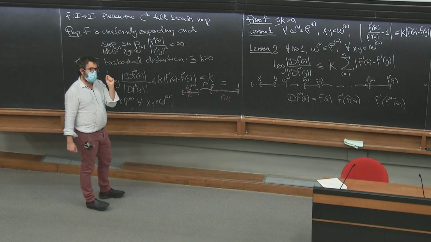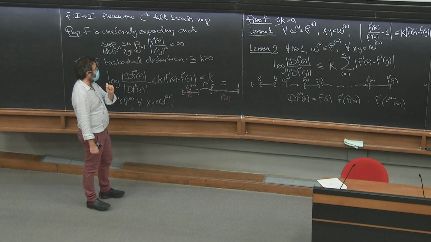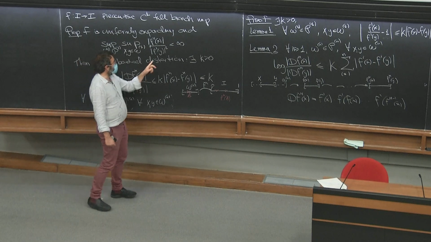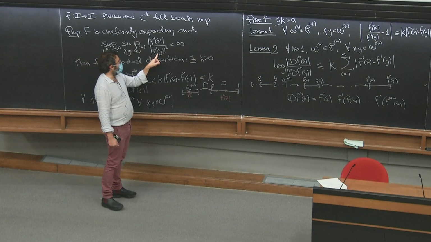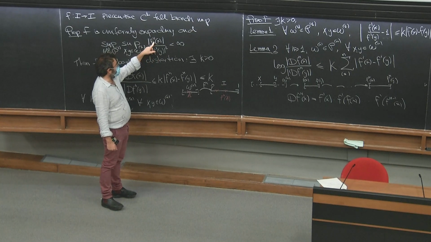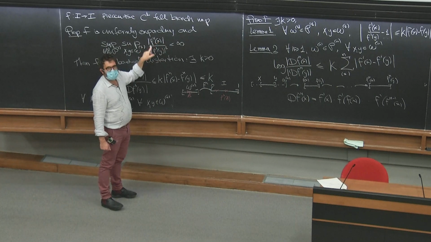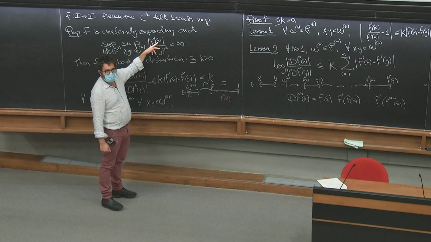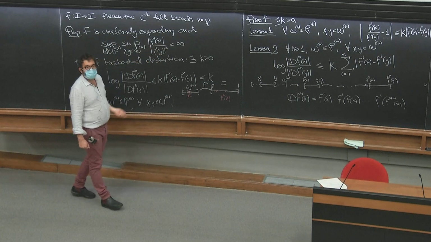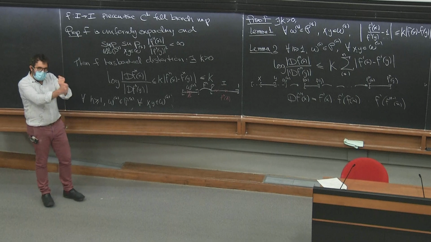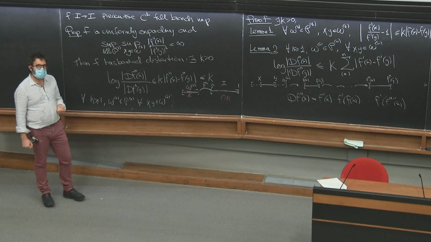So you may have some elements of the partition that are very small, and in these elements this is not bounded above. So this may be arbitrarily large, but because the derivative is also large, then this is bounded. So both of these may be arbitrarily large, but the ratio is bounded.